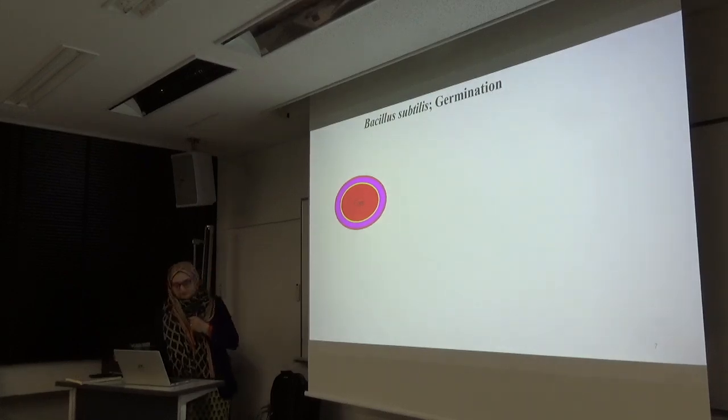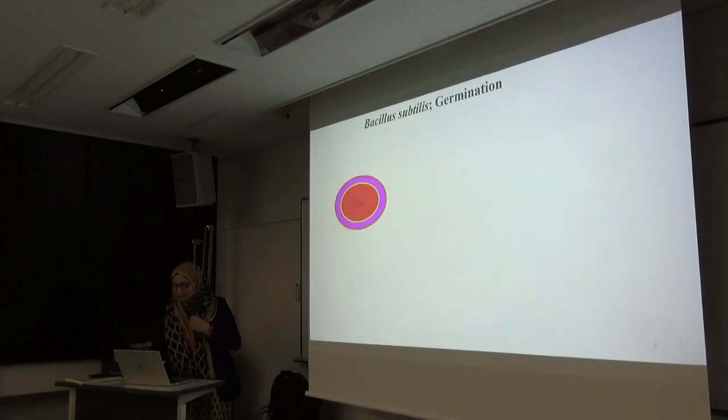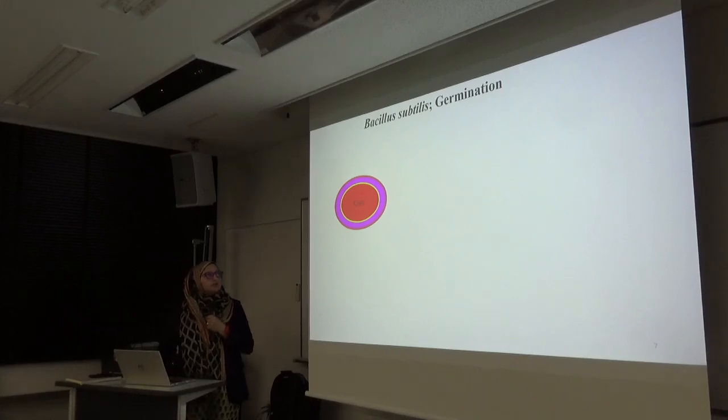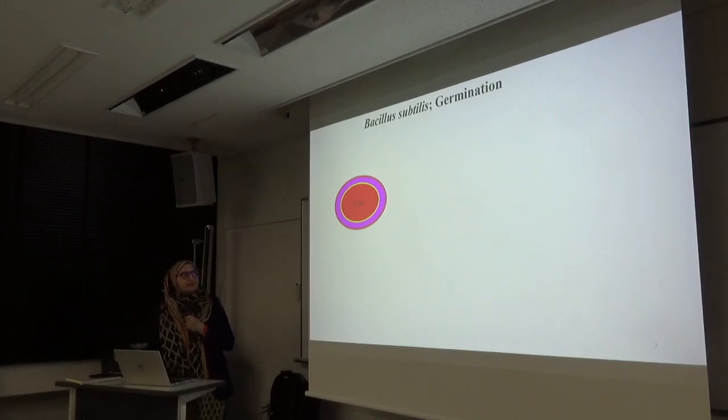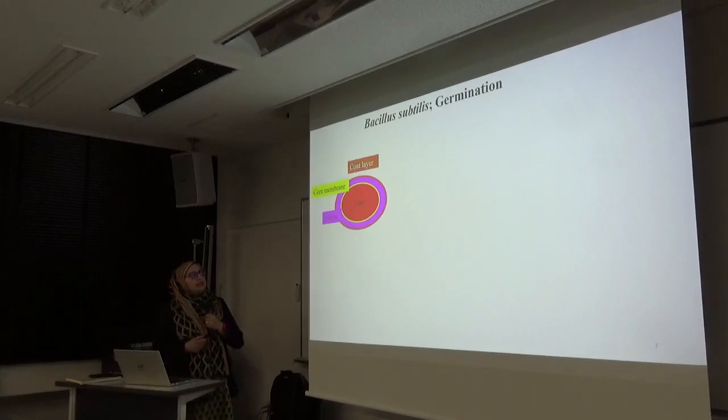First of all, I would like to introduce germination also, because this is a very important step and it is the focus of my study. This is the main structure of the spore. The spore has many layers. It's a highly resistant structure.